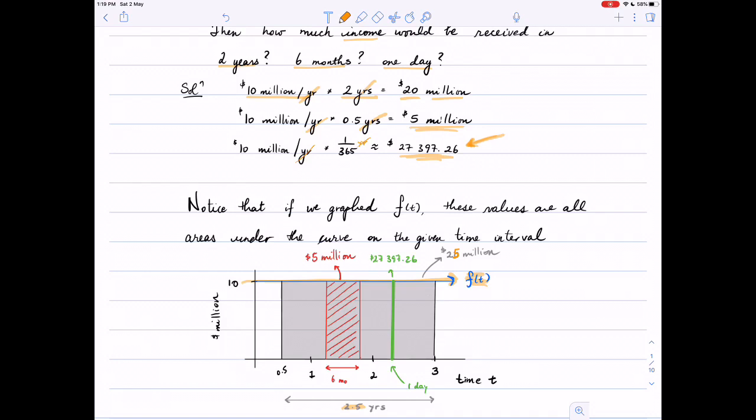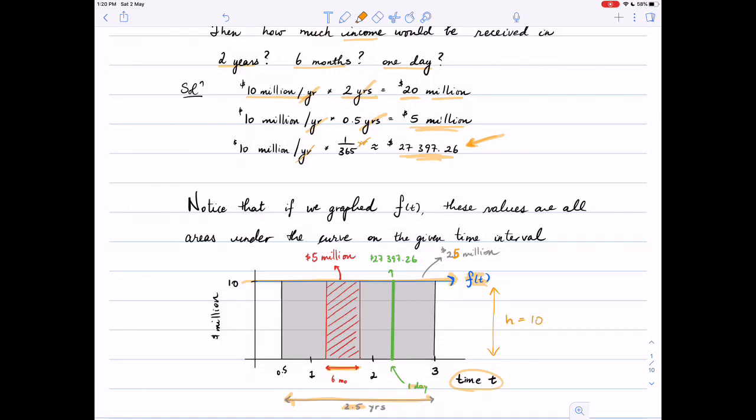So each of those amounts represents area. If the function here is constant, then the height is constant, and that height is 10 million. And the base of each of those is the length of time, for example, 6 months, or 1 day, or 2.5 years.